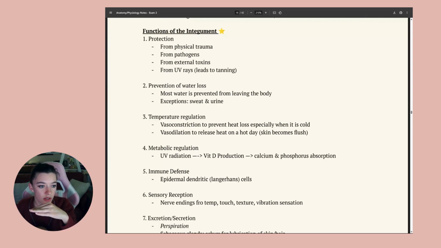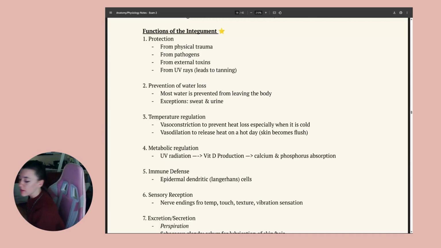It's going to stick deeper towards your body and keep you a little bit warmer. Vasodilation is the opposite, where those vessels get a little bit bigger and the blood goes through that, releasing heat to the outside world. That's why your skin gets flushed on a hot day. You get pale when it's cold and you get a little red and sweaty when you're hot.